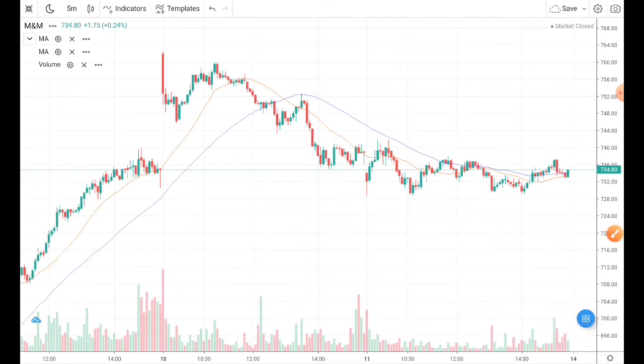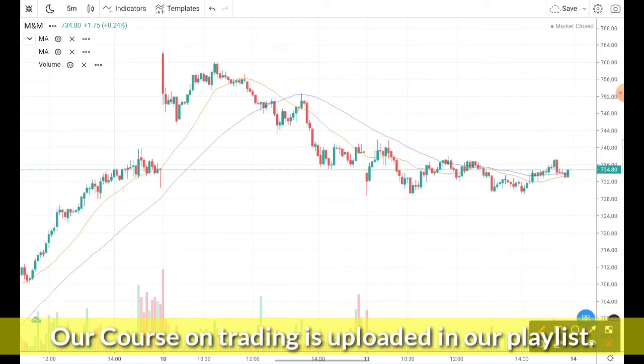Now, see, this is a 5-minute chart. What is the trend at the moment? If you have watched the trend analysis chapter from my playlist section, you will tell me quickly that the stock is in a sideways trend, right?